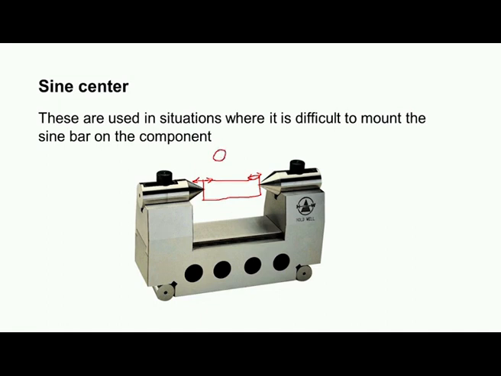dial indicator, we have to keep the slip gauges here. So, this is the surface plate. This is H1 and this is H2.